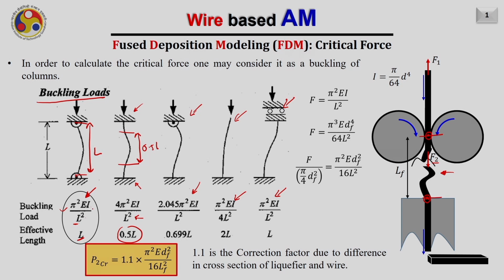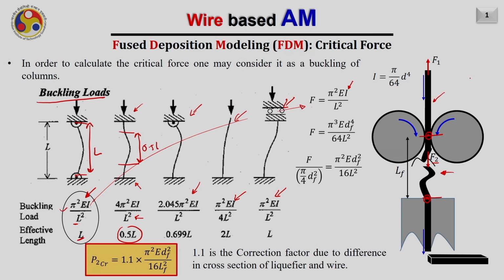Let me write this formula here again: F equals pi square EI by L square, where I is the second moment of inertia of the cross section of the wire which we are considering here.